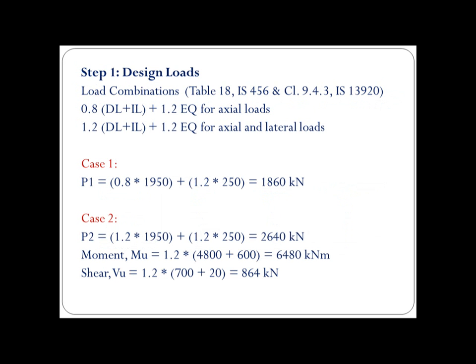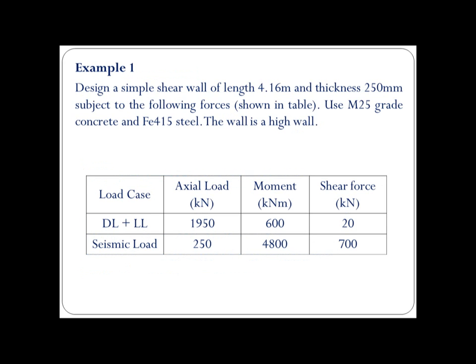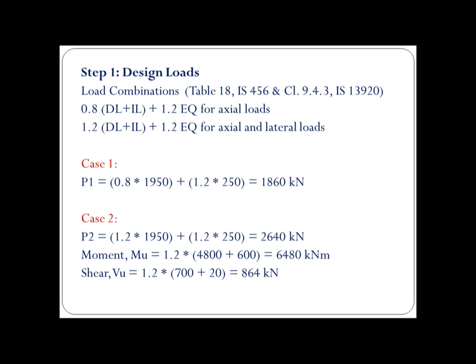In this case they have given the forces for separate load cases, not for the load combinations. Then we need to go for the load combinations as prescribed in table 18 of IS 456. We'll be going for the worst one since we are doing it manually, so we'll not calculate every load case.